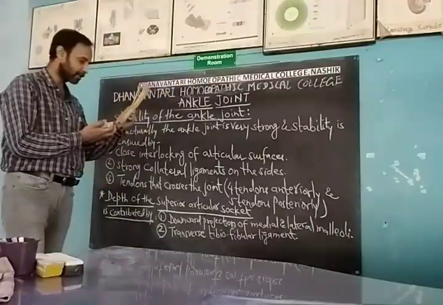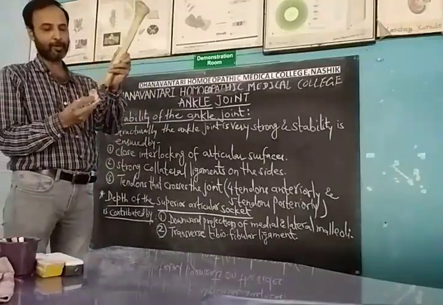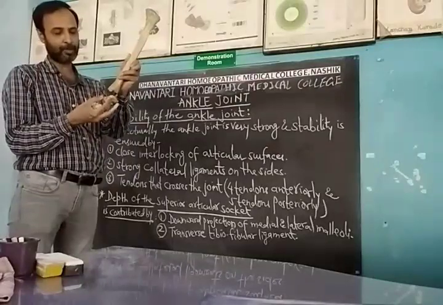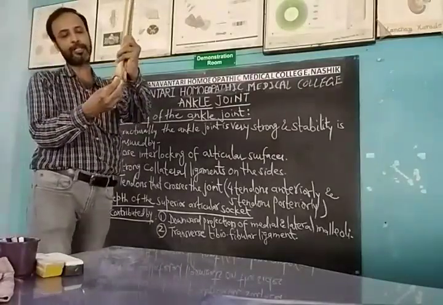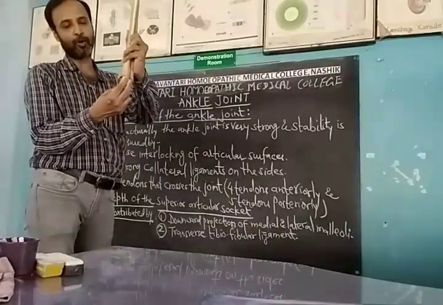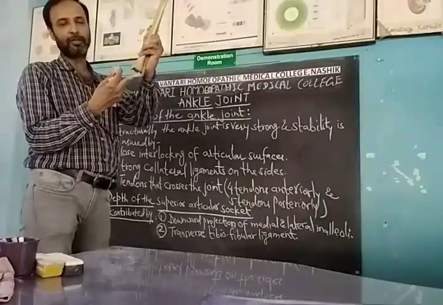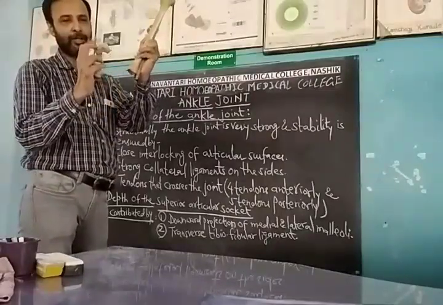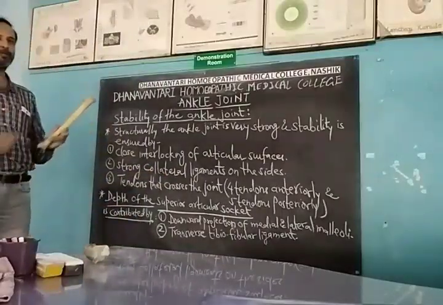So this is a close interlocking of the articular surfaces of both the tibia and fibula and the talus. First one. Second, strong collateral ligaments on the sides.